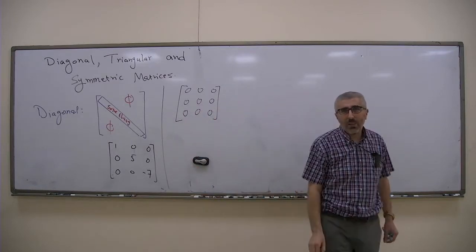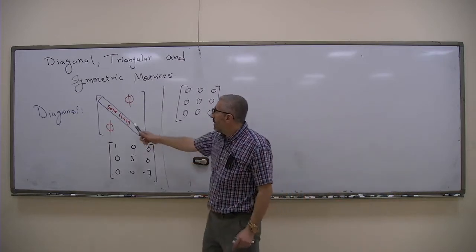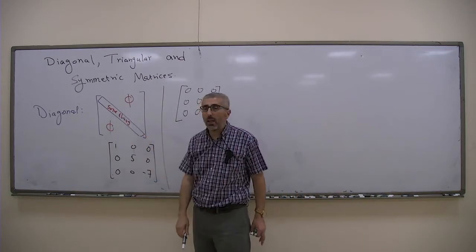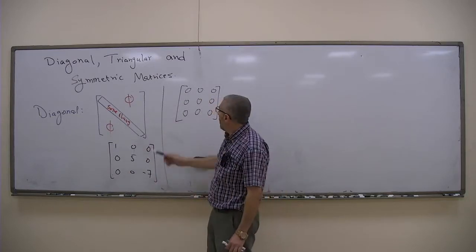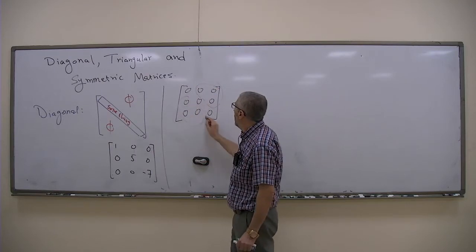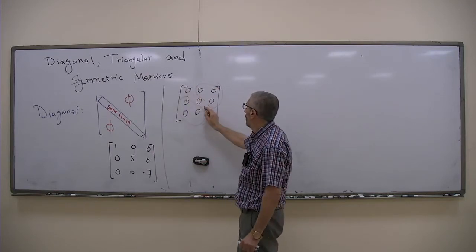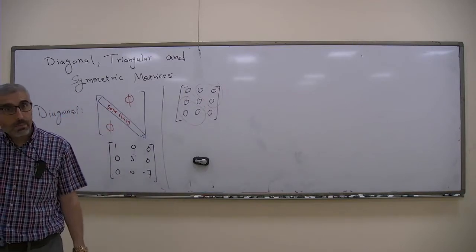Is this a diagonal matrix? Yes, it is. Look here, I said something. I don't care what you have along the diagonal. It could be zeros or it could be non-zeros. Okay? So as long as you have zeros here, it doesn't matter what you have here. So this still belongs to the diagonal family.